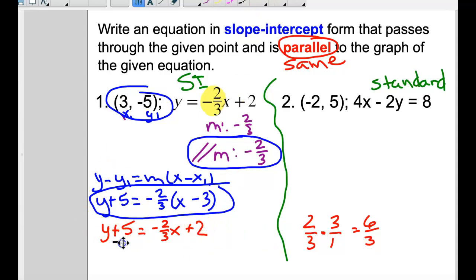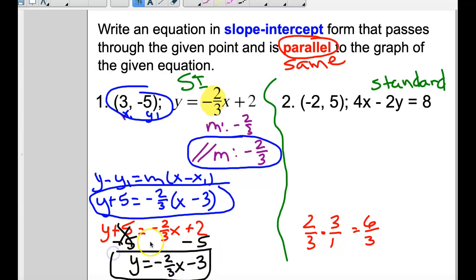And then I can minus my 5 to get my y alone. And then I'd have y equals -2/3 x minus 3. Slope-intercept equation done. I know my point-slope equation done. And I know my new slope, which are the 3 big pieces, right?